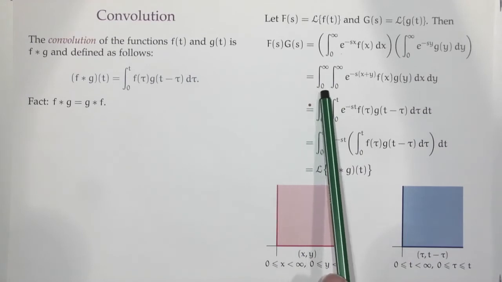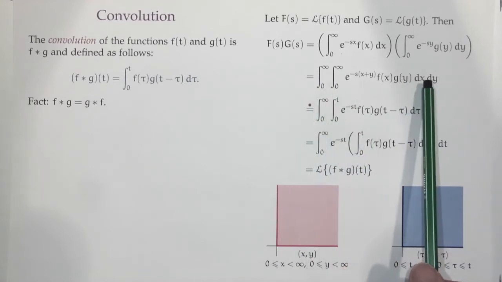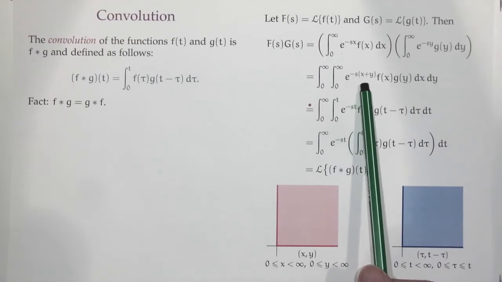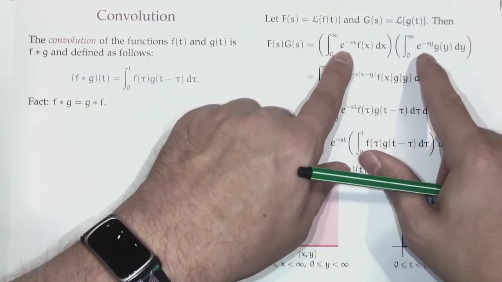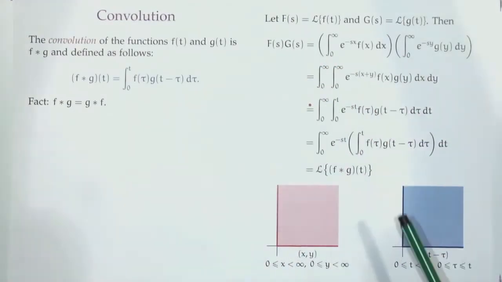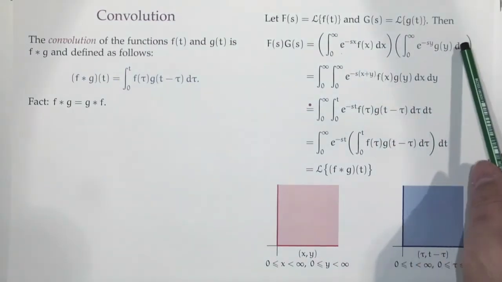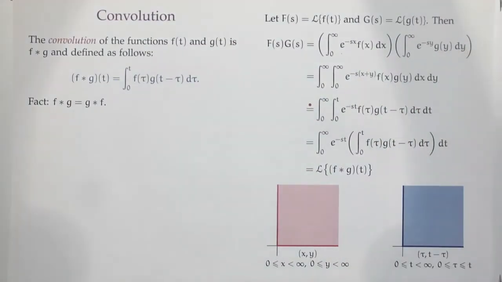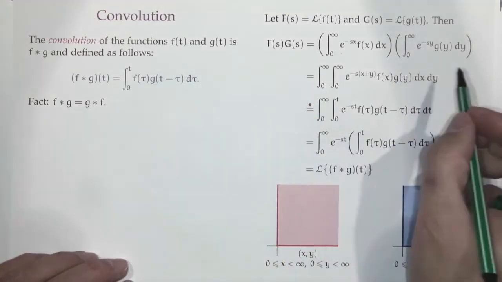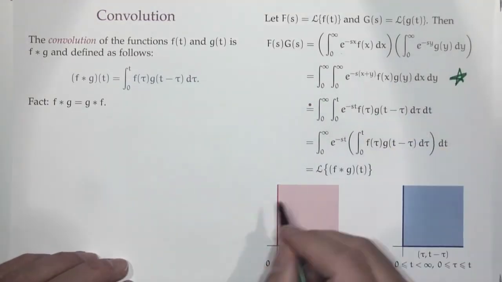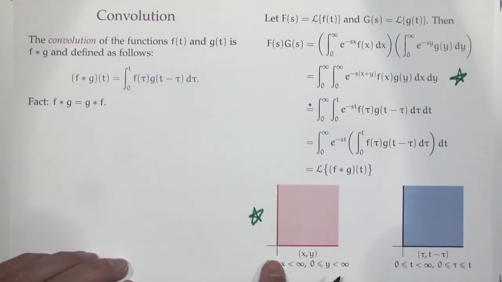Integral from 0 to infinity, integral from 0 to infinity of e to the minus s times x plus y, which is what happens when you multiply these two together, your f of x and your g of y. Now, the way you can think about this integral, so if you look at that, that's this integral down here.